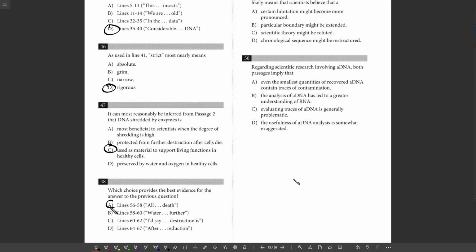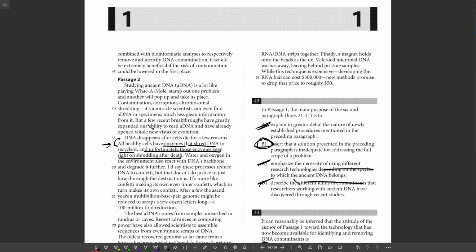Now, looking at the other choices, A: most beneficial to scientists when the degree of shredding is high. Just the opposite. A is the opposite. The shredding is really bad. The shredding is just what makes it really hard to follow along what's going on. That makes the scientist's job harder. Looking at B, protected from further destruction after cells die, also false.